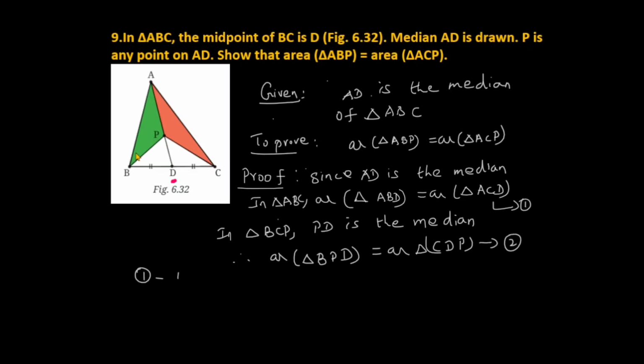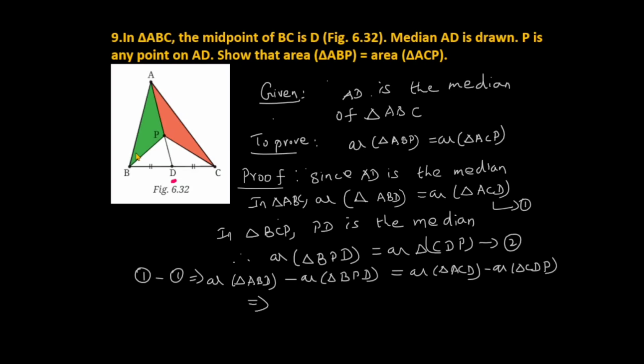Subtracting 2 from 1, we have area of triangle ABD minus area of triangle BPD is equal to area of triangle ACD minus area of triangle CDP. So the remaining area, triangle ABP, is equal to triangle ACP. This is our required area. Hence proved.